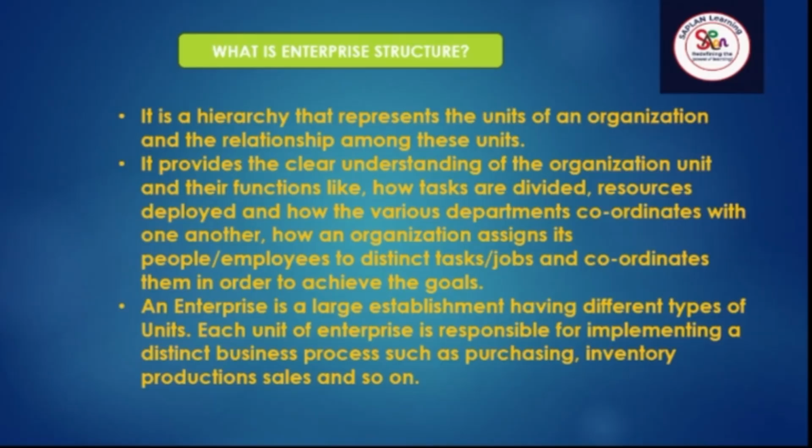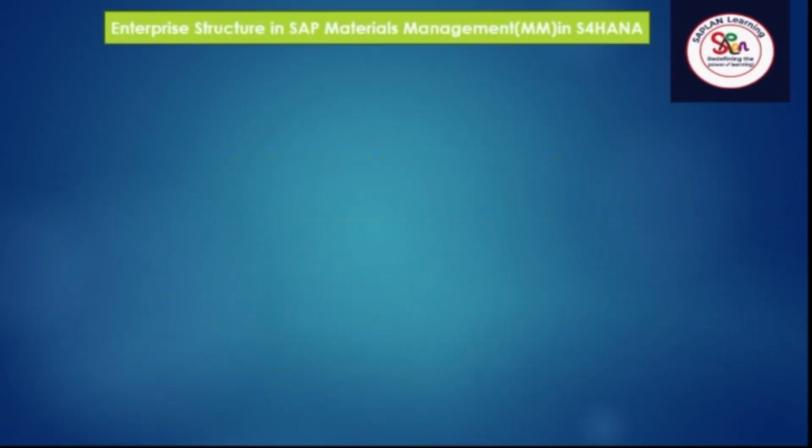Organization structure also depends upon various factors such as the size of the organization, nature of work, relationship among the units, and the coupling between the organization units. The enterprise or organization structure is defined on the basis of different factors. So let's understand what the factors are.